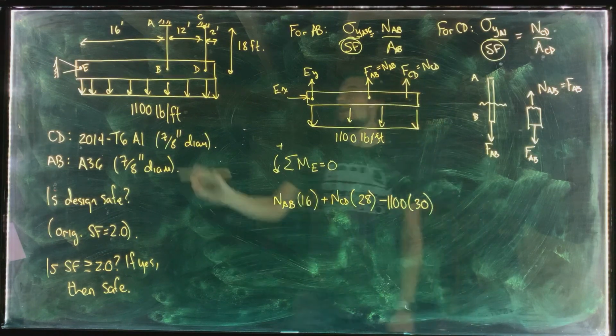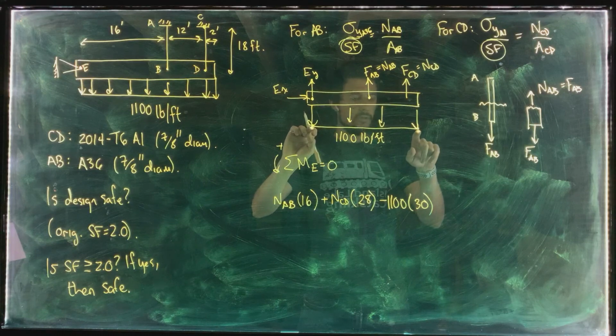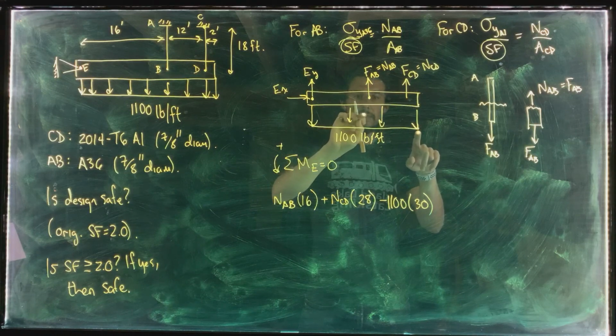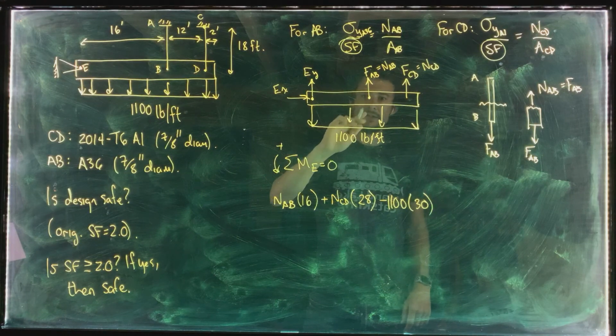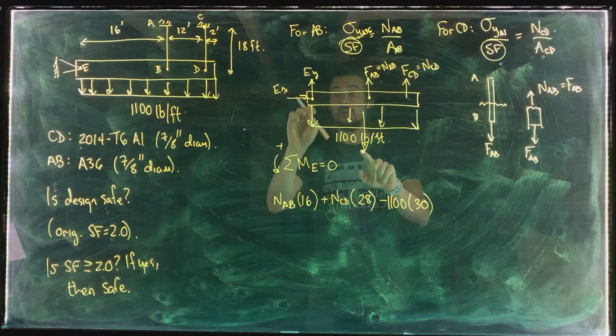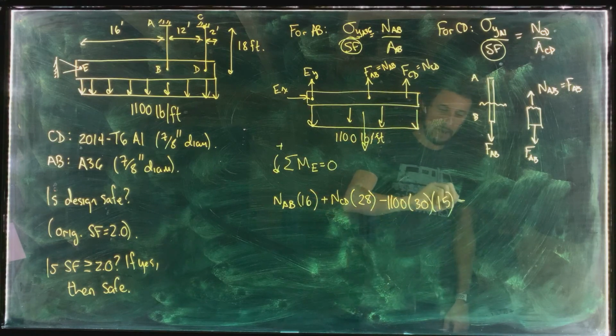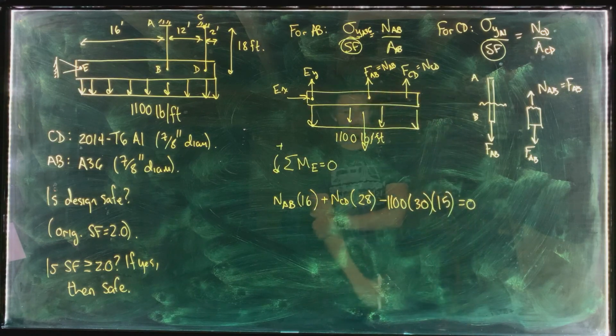And that distributed load, the resultant, is going to be located at the very center, right? Which is going to be 15 feet away from point E. So we've got 15 there, and that all equals 0.